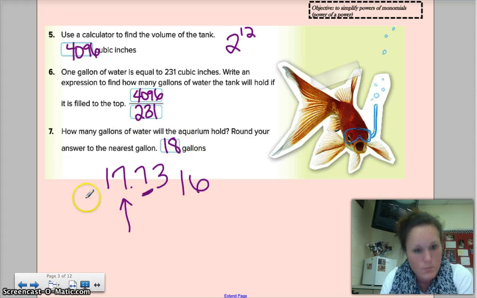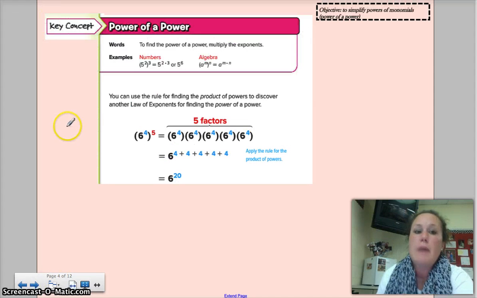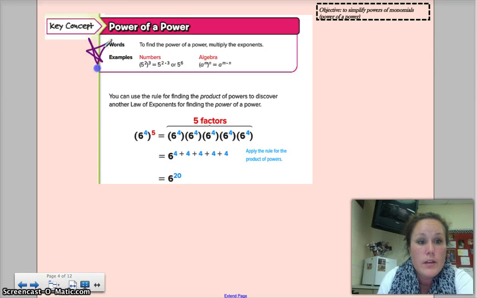All right, let's keep moving. All right, our key concept here is power of a power. This is where it's at. To find the power of a power, multiply the exponents. So you can see right here, 5 squared to the 3rd power. They are multiplying the exponents, 2 times 3 to get 5.